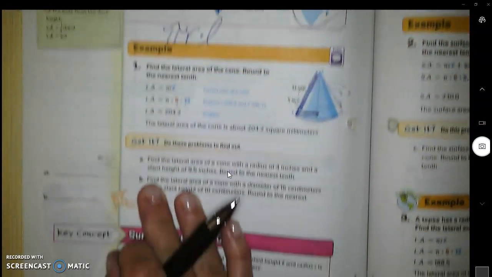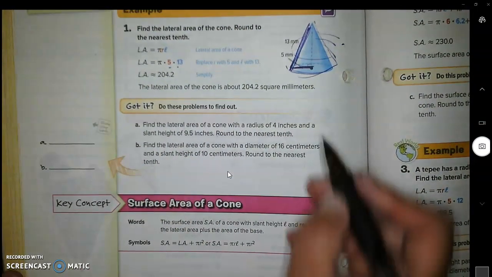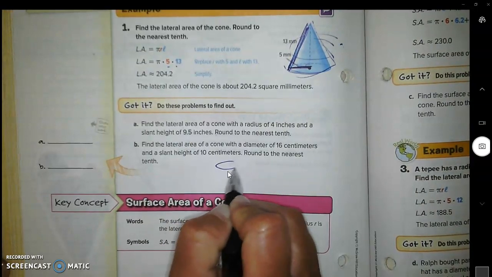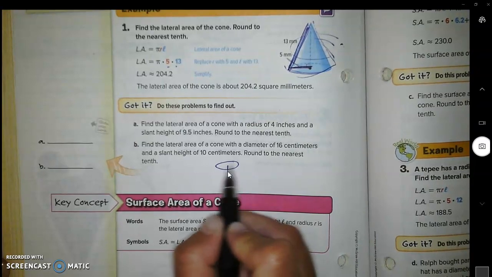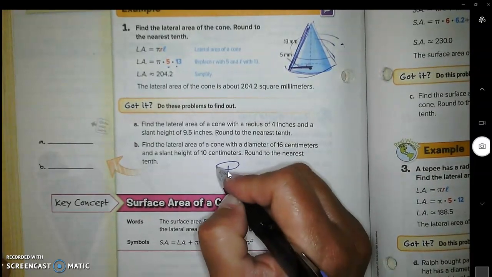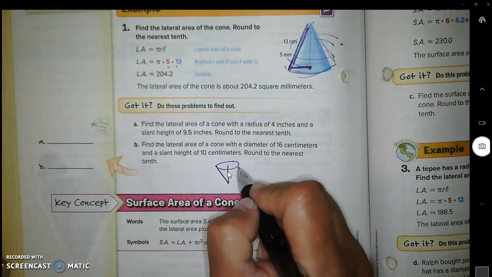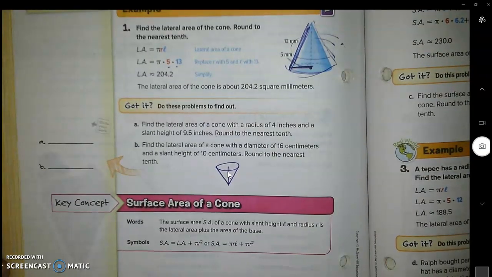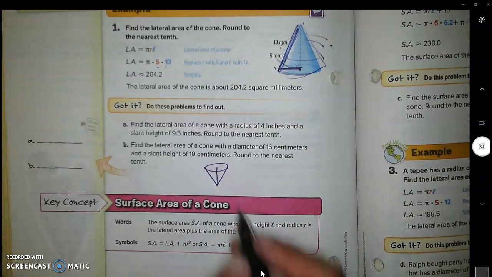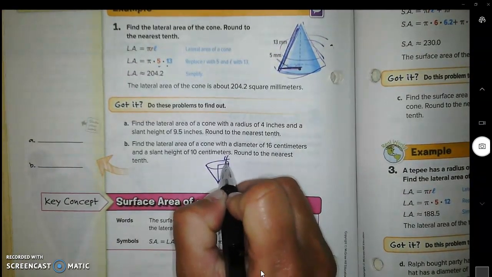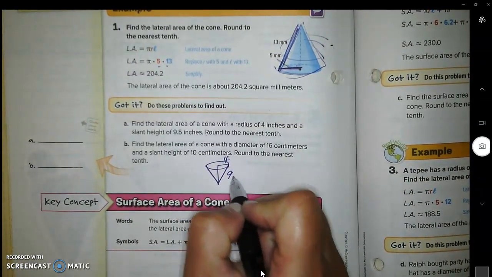Okay, so here we go. Let's go do letter A. Find the lateral area of a cone. There's a radius of 4. So if you wanted to draw a cone, you can draw a circle, like an oval shape. Draw a line down the center, and then from the edge of your oval, you connect to the bottom. And there you have a nice, pretty cone shape. That's how you draw that. Okay, so we have a radius of 4 and a slant height of 9.5.